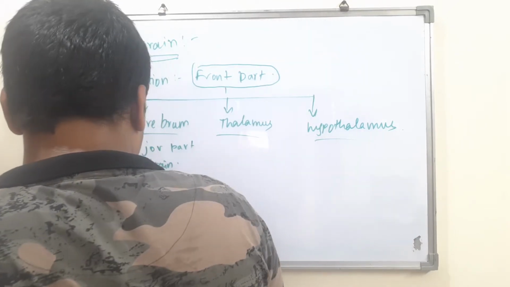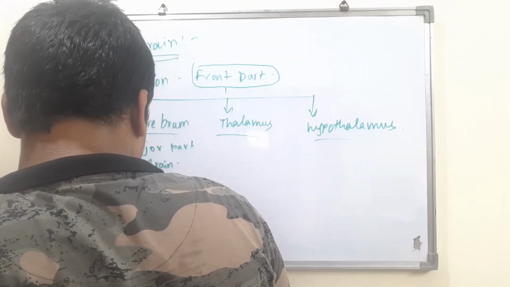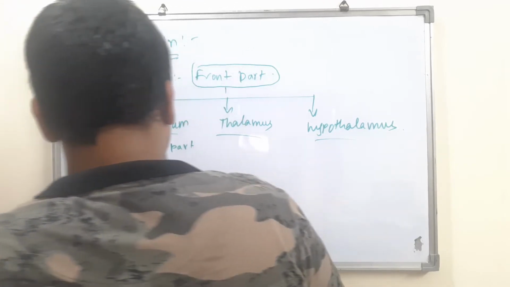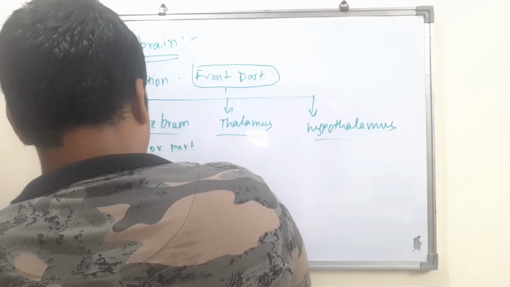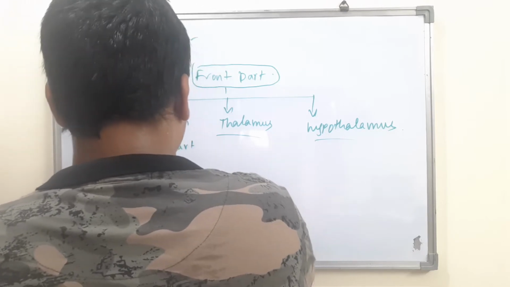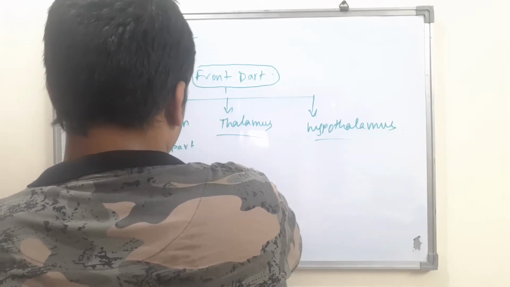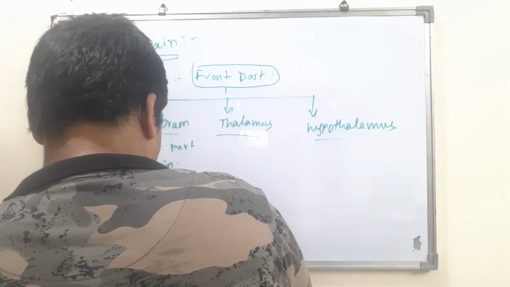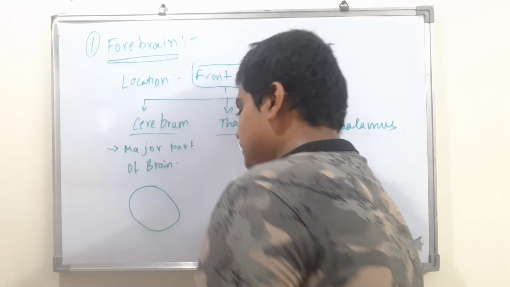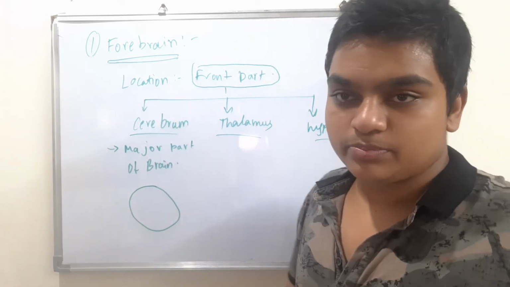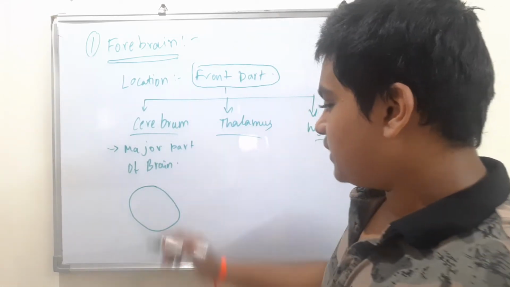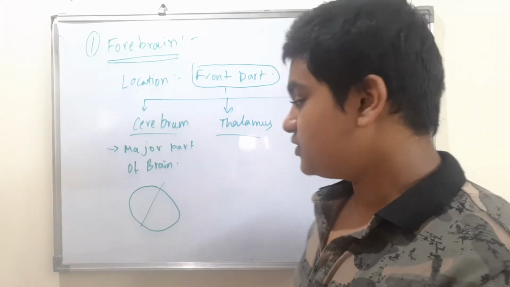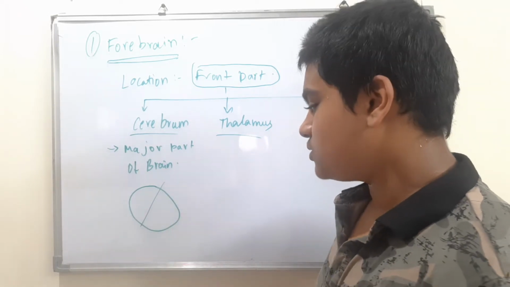So let me show you. This is the whole cerebrum. This circle is not coming exactly. See, this whole part is your cerebrum. Now, as we said, it has a deep cleft which divides the cerebrum into two parts.